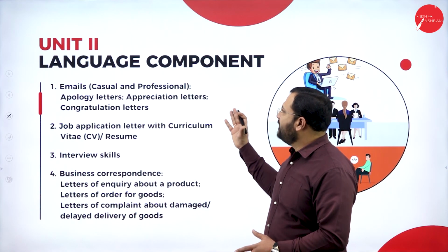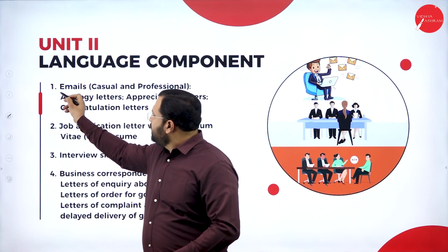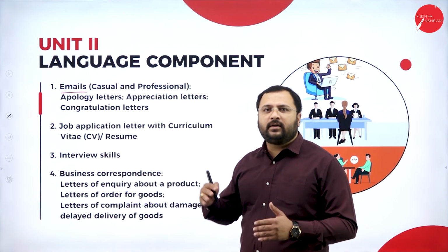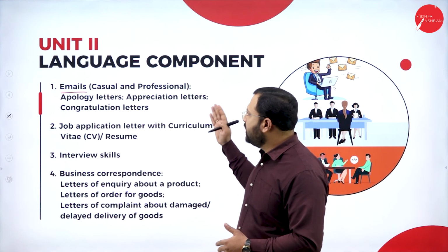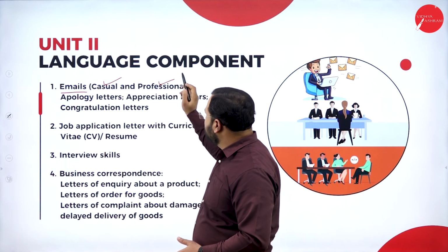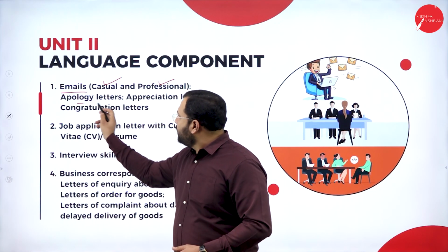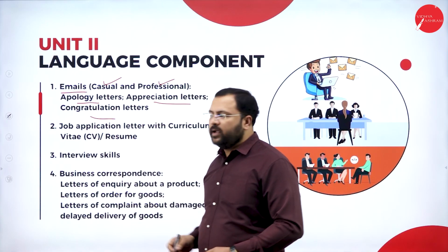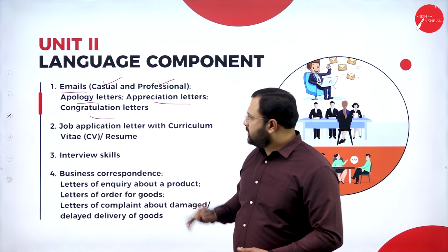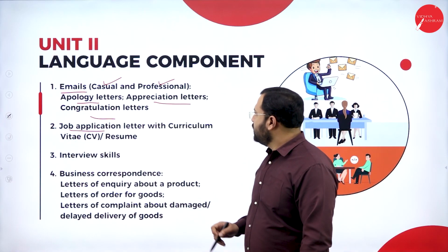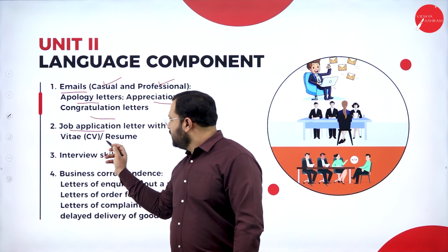In the second unit, you have language component. And what is there in the language component? You have emails. Already you know how to compose an email. You have done it in the informal way. Now let us learn how to do it in a formal way. This is informal, casual and professional is formal. How to write apology letters, how to write appreciation letters and how to write congratulatory letters. So this is about email, and let us know how to prepare a job application letter with the curriculum vitae or the resume.